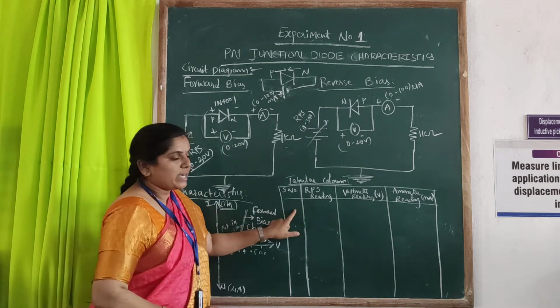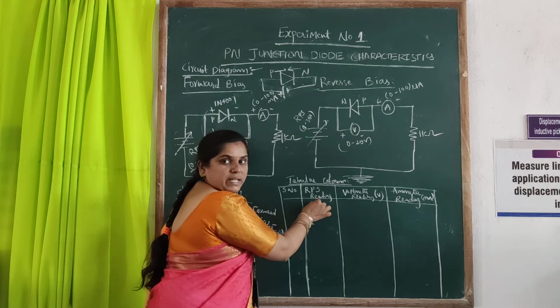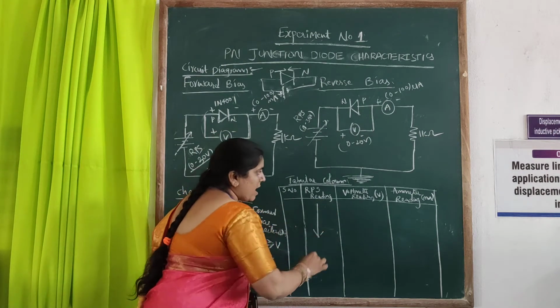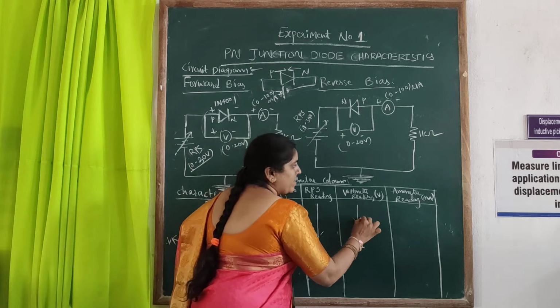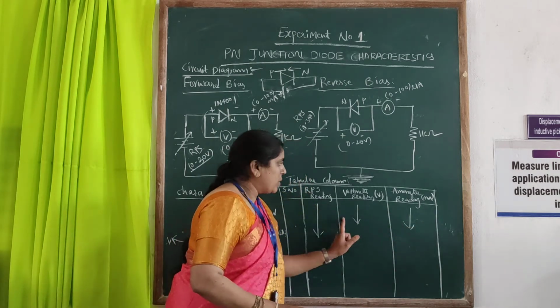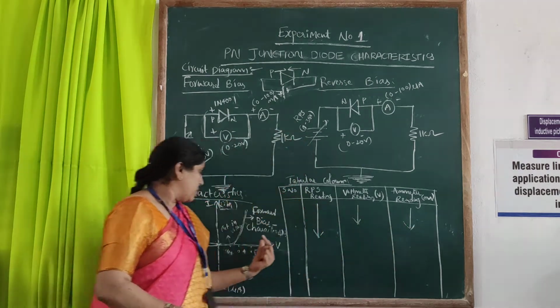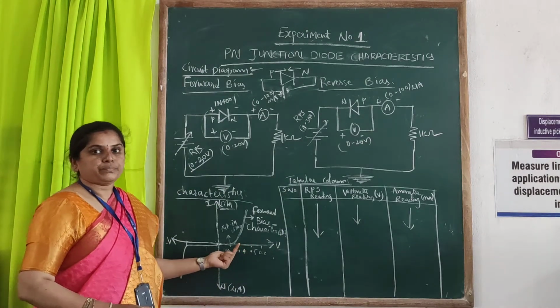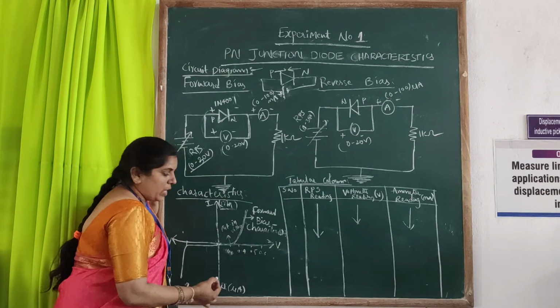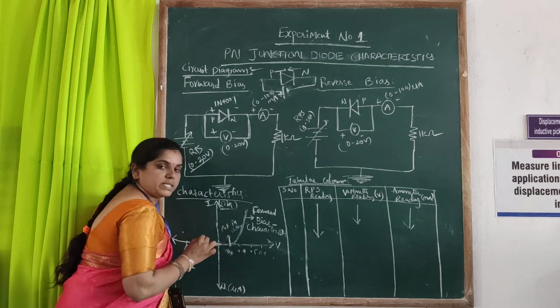This is the tabular column. This is RPS reading. When we are increasing this RPS, the voltmeter and ammeter readings also increase. By using these two values, you can draw the graph. After that you can point out the cut-in voltage.